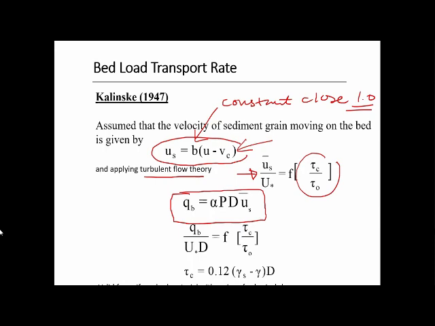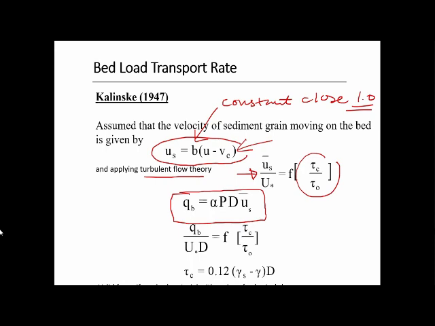Normally, if we take a uniform shape, which is a sphere, then the value of this constant is 2/3, something like that. Okay, and then P here is the fraction of the bed that is covered by the particles. So there is a layer of particles covering the bed.